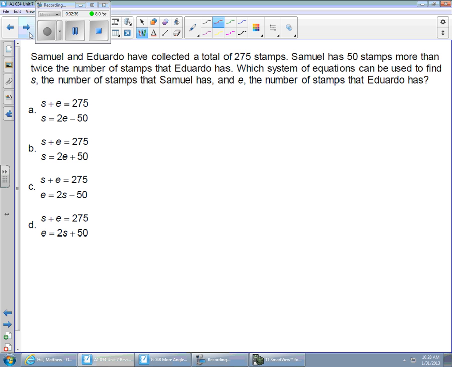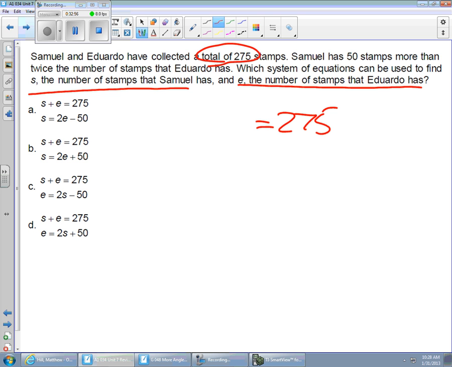Obviously, Samuel and Eduardo are the variables. Sorry, Samuel, S, Eduardo, E. Let's see what we have. Total, 275 stamps. That's an equal sign. What is it a total of? Total of stamps. Who's got the stamps? Samuel has some.